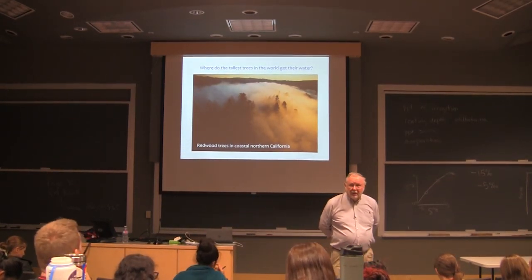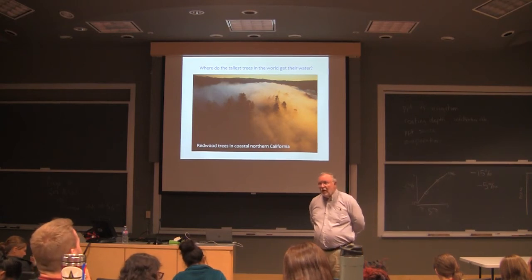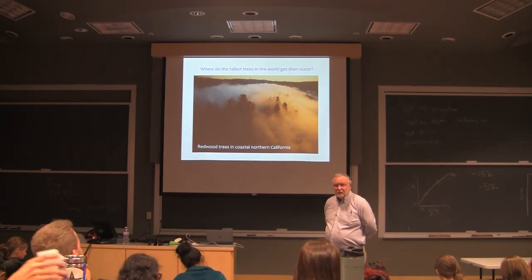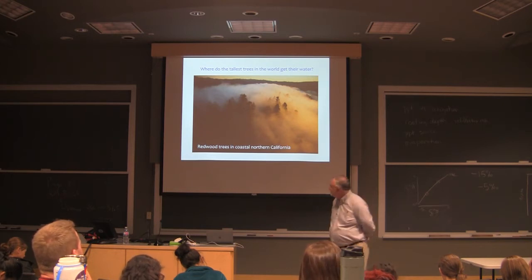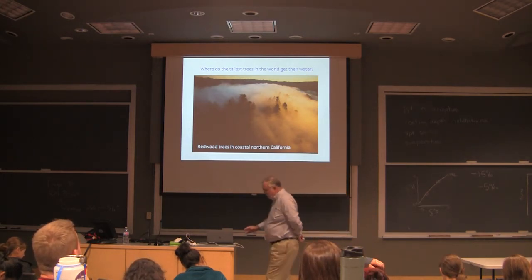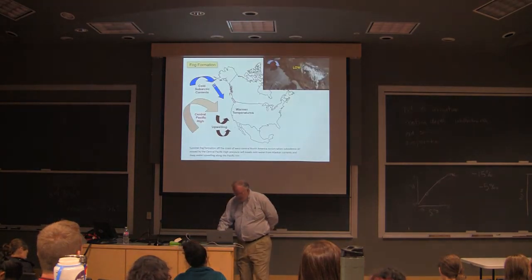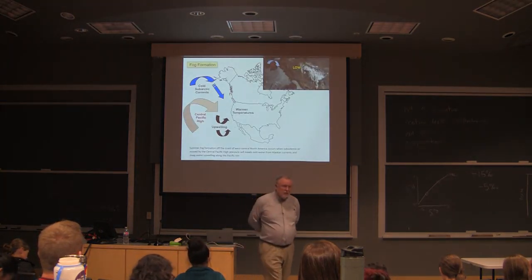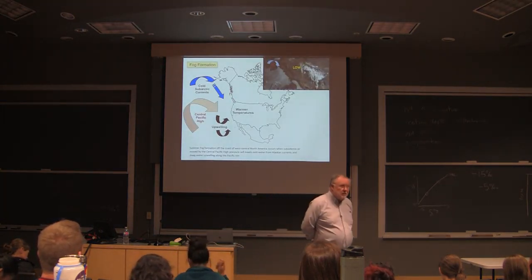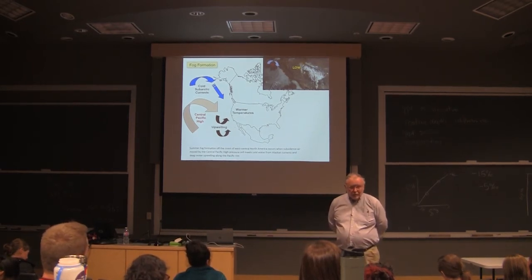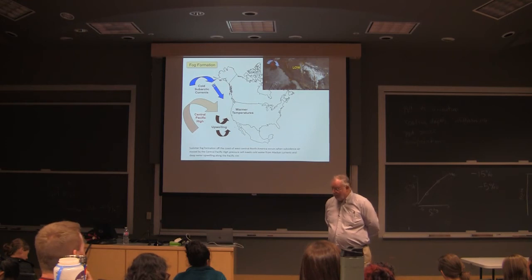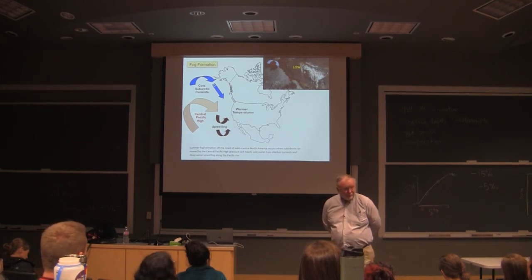And what Todd and his colleagues have been studying is how dependent species are on fog as a water source. So we have these wonderful fog systems. And the other question you might ask is, if it turns out a species is dependent on the fog, can they all take up fog water on their own? Or do they need the redwoods to trap the fog for them?